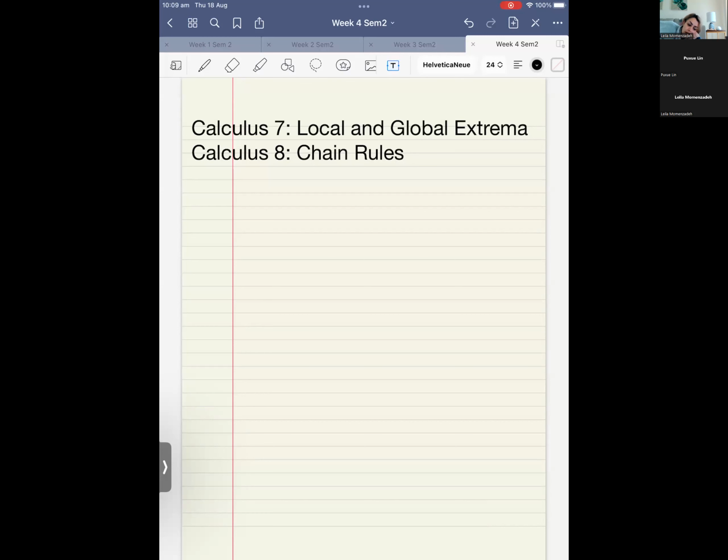Calculus 7 is about the local and global extrema. What does that mean?